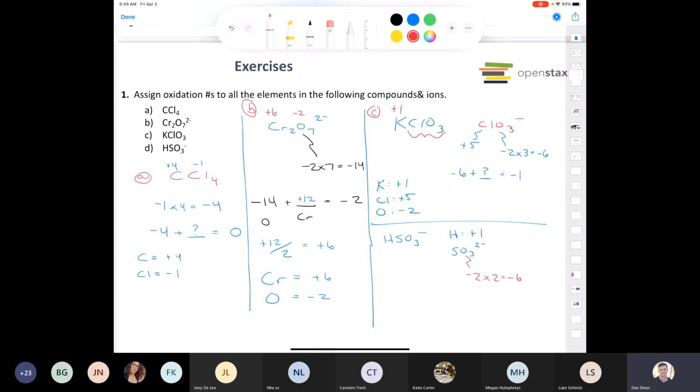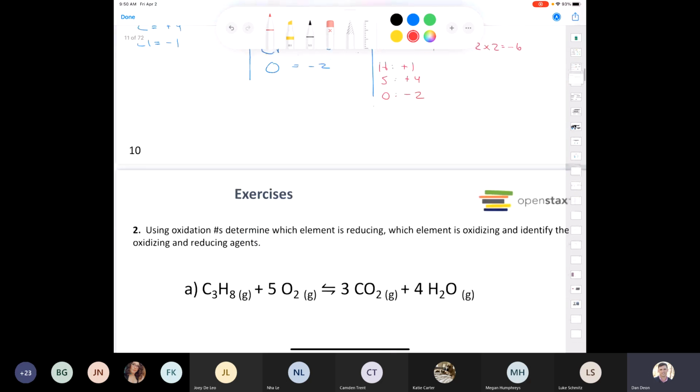I have overall a charge of -2, which means that my sulfur must be +4. So my hydrogen is +1, my sulfur is +4, and my oxygen is -2. And those are the oxidation numbers of those elements in the hydrogen sulfite ion. So there you go, a little bit of practice with oxidation numbers.